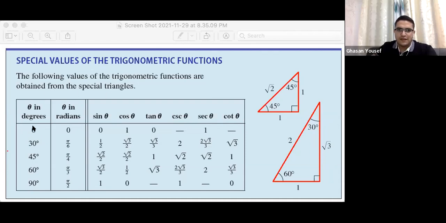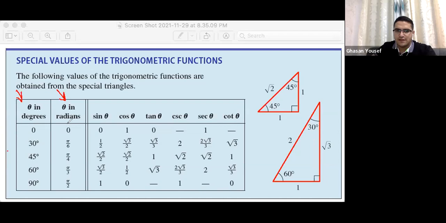So this column is in degrees, and this column is in radians. First of all, we know how we can convert from degree to radian: we multiply by pi over 180.